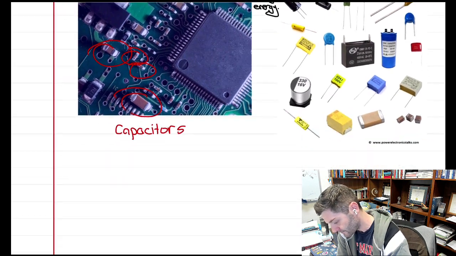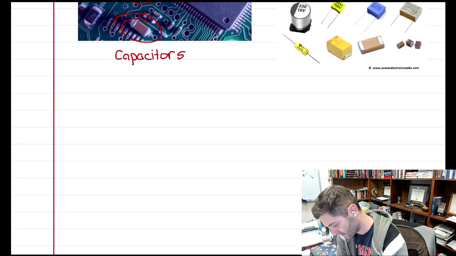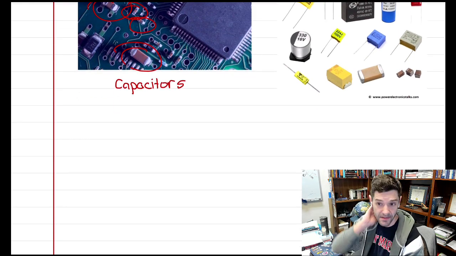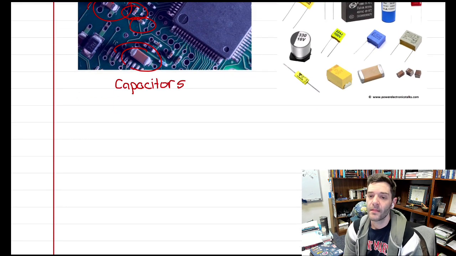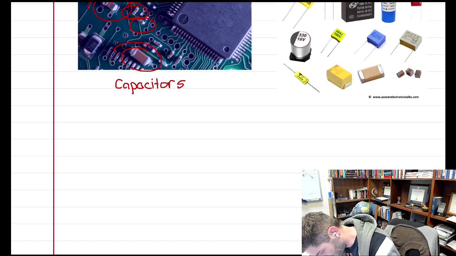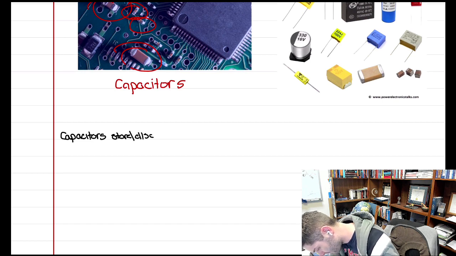So, the goal for this lecture today is to talk about some of the basic ideas of capacitance and capacitors. Again, I know I already wrote this, but I'll write it again: capacitors store and discharge energy. And I'll elaborate on that.